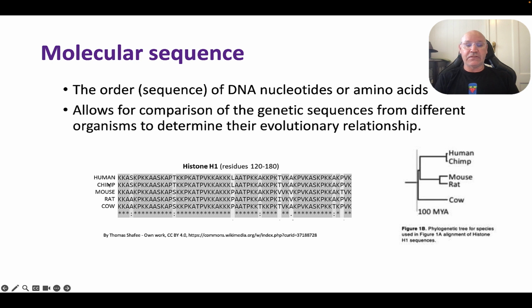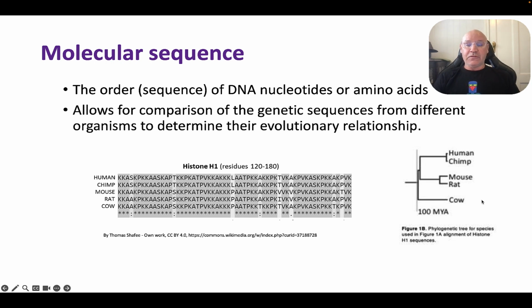The ones that are light in colour are the ones that are different. So we're able to compare those differences. And you can see if we run all the way across, humans and chimps have the same sequence for all of these, whereas when we have a look at some of these other organisms, you see that they're different. So from this sequence, we can hypothesize a specific evolutionary relationship. And we can represent it graphically like this.